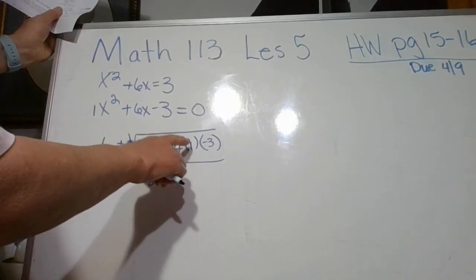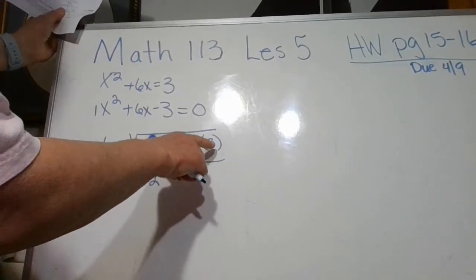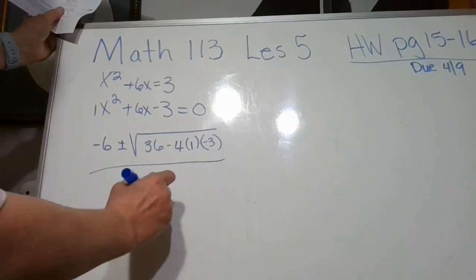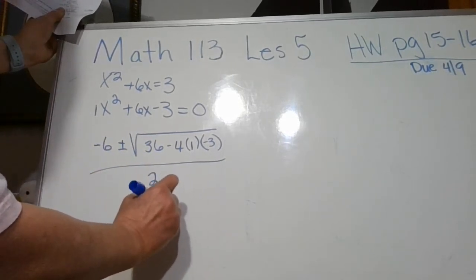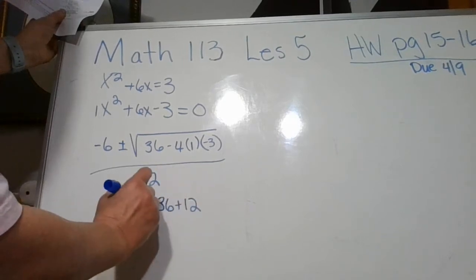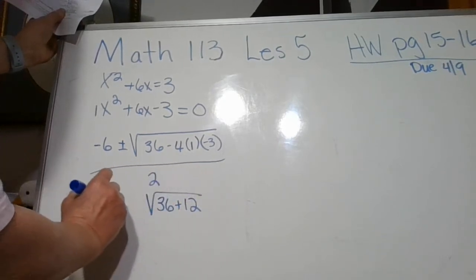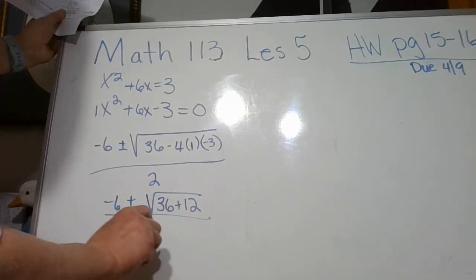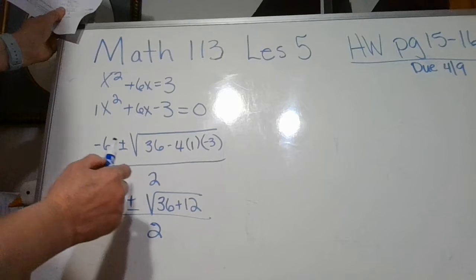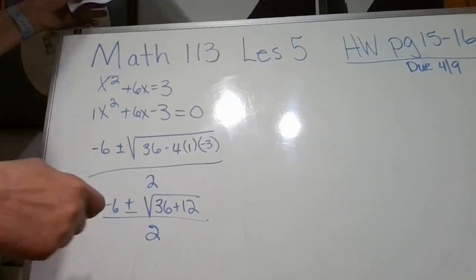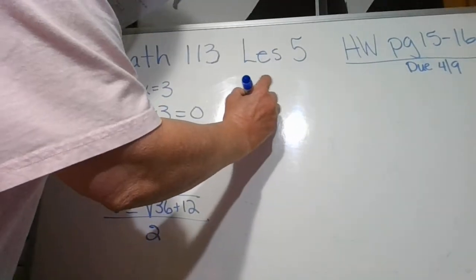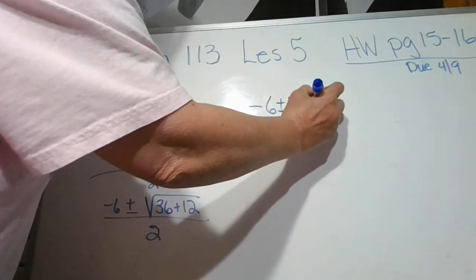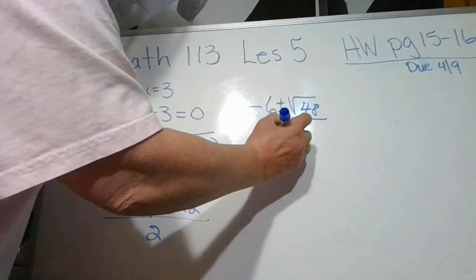So I've got 4 times 3 is 12, a negative times a negative is a positive, so 36 plus 12 inside there, -6 plus or minus, and then, oh, that's over 2. I need to put 36 and 12 together. I believe that's 48. -6 plus or minus the square root of 48 over 2.